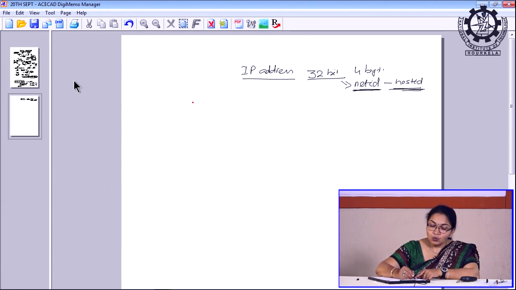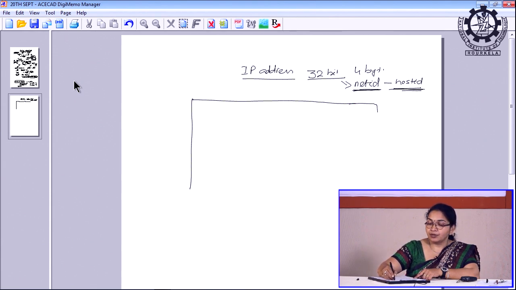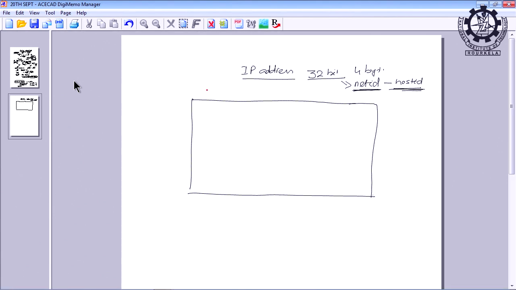So we have a series of addressing schemes for identifying a host in the network. Let us say I divide this 32-bit, 4-byte address so that the first byte is the net ID, and the remaining 3 bytes are the host ID.